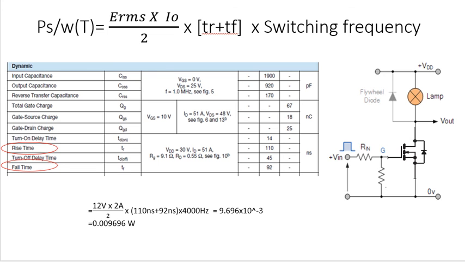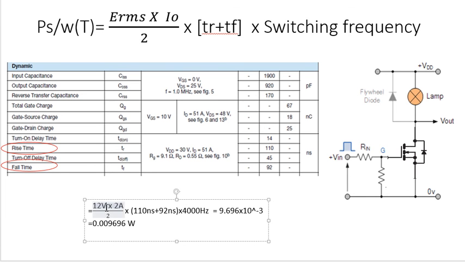Now this is the switching loss. To calculate switching loss, this is the formula, and here we have calculated it. We have to consider these two parameters from the datasheet: this is the rise time and this is the fall time. We have to add both of these.